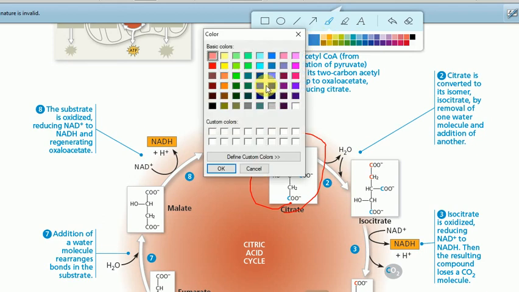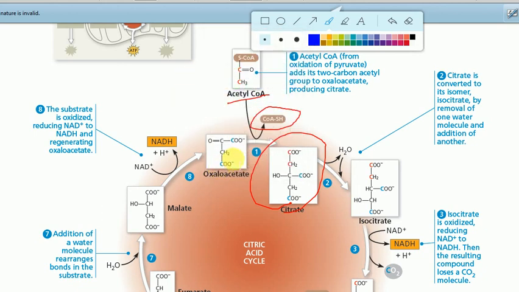I just choose another color here. I think this will be best. So we are getting the citrate molecule, and then from there in the second step citrate is converted to its isomer, which is isocitrate, by removal of one molecule of water and the addition of another.